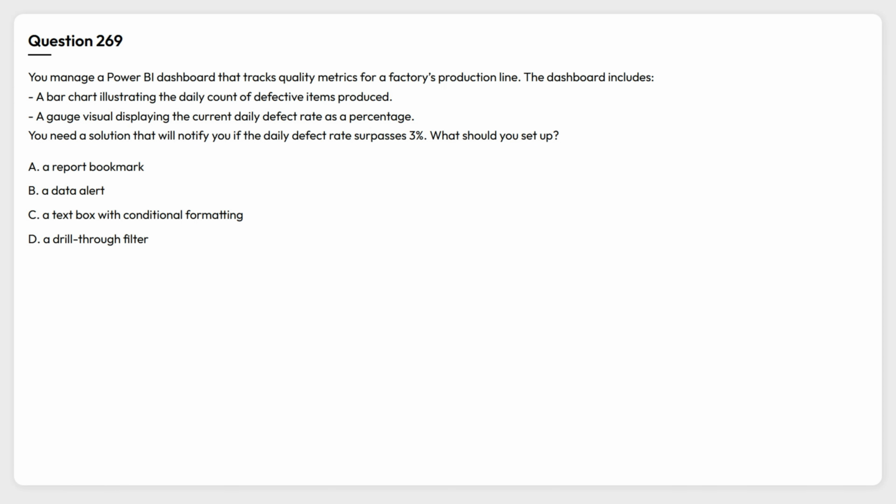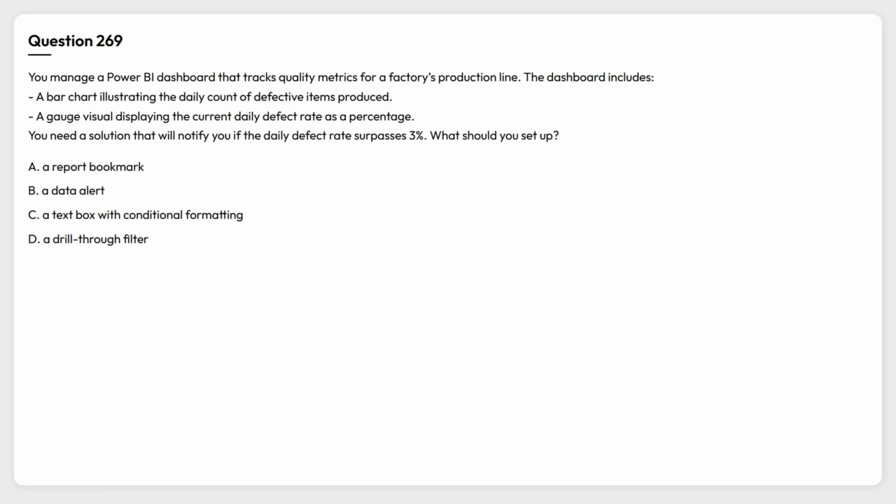Question number 269. You manage a Power BI dashboard that tracks quality metrics for a factory's production line. The dashboard includes a bar chart illustrating the daily count of defective items produced, and a gauge visual displaying the current daily defect rate as a percentage.